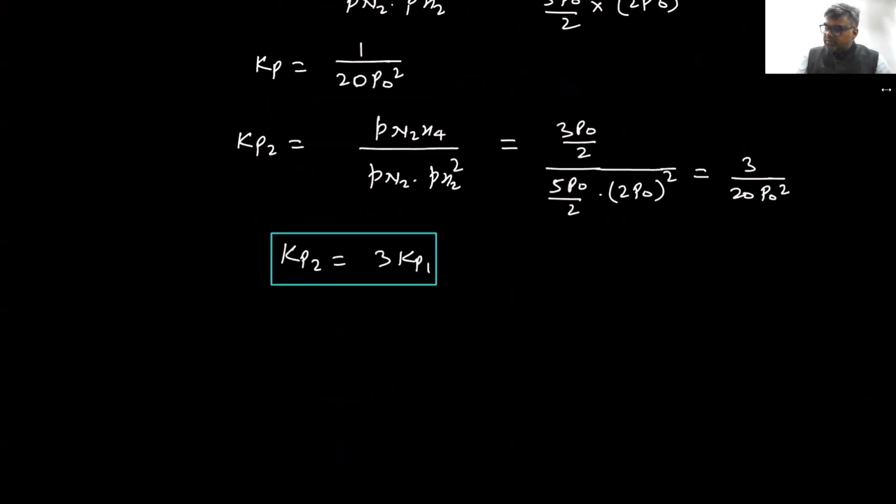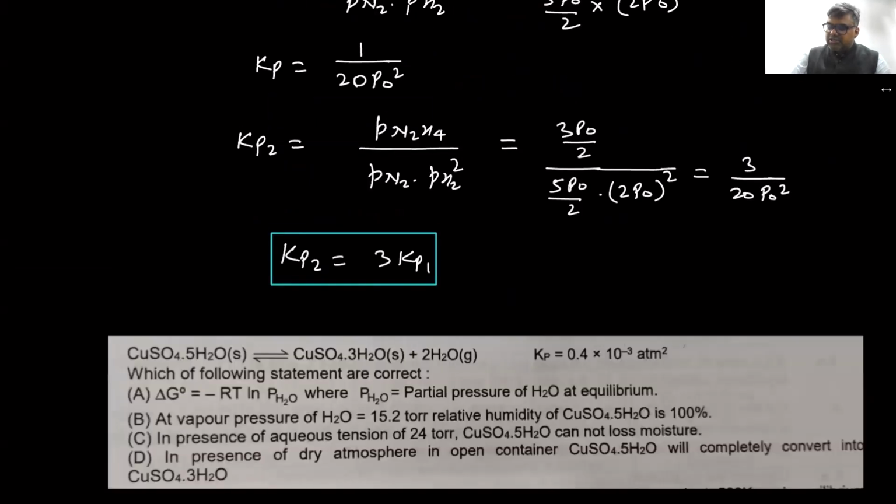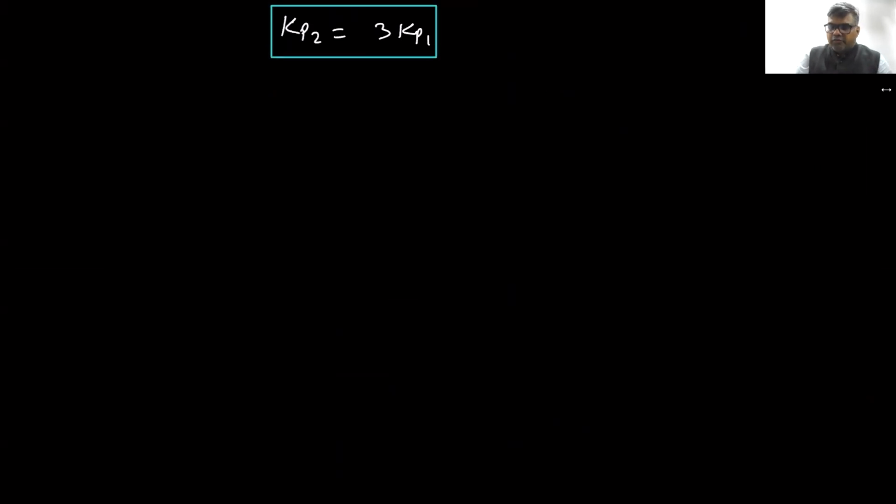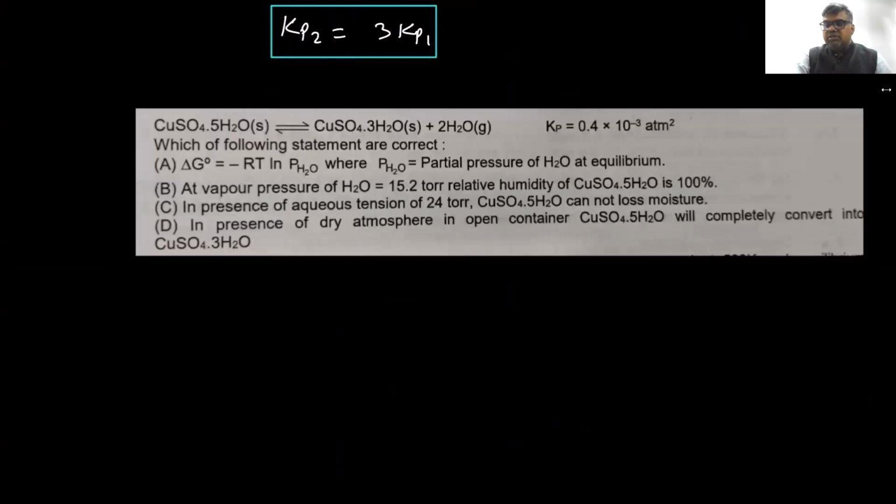Now to another question. Here we are again tackling a heterogeneous equilibrium in which the vapor pressure concept has been introduced. This is also a very important concept where humidity or vapor pressure kind of questions can be asked. In this question, copper sulfate dot 5H2O gives you copper sulfate dot 3H2O plus 2 water, and Kp is given.